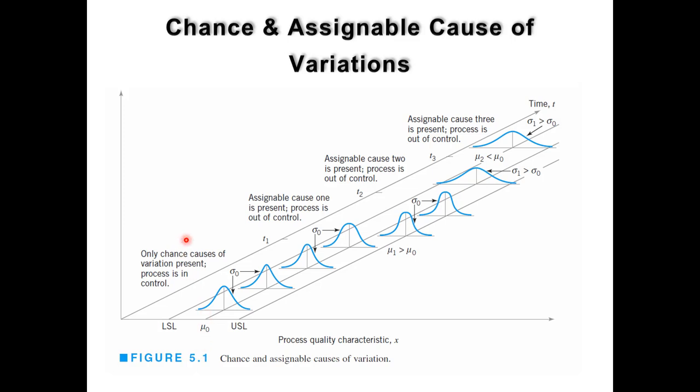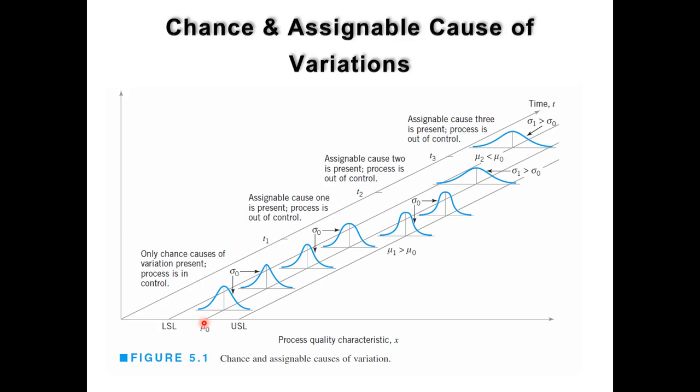Now from this diagram, you will see there are three dimensions. This is a three-dimensional graph, where the x-axis is the reading of the quality characteristic, where you see the lower specification limit, upper specification limit, and the mean, which is in the middle.